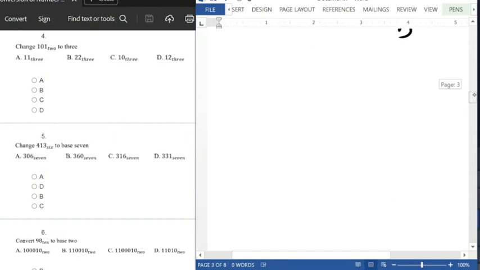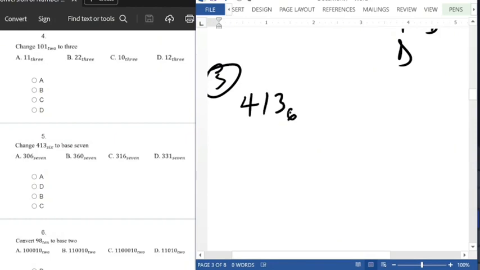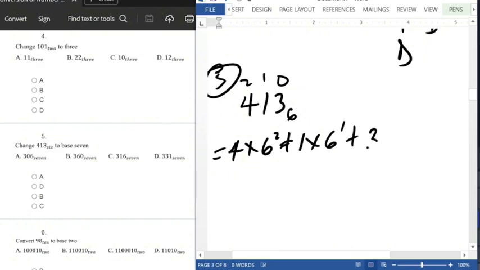Question number 5: we have to change 413 base 6 to base 7. 413 is in base 6. So this is 0, 1, 2. This will give us 4 times 6 raised power 2 plus 1 times 6 raised power 1 plus 3 times 6 raised power 0.